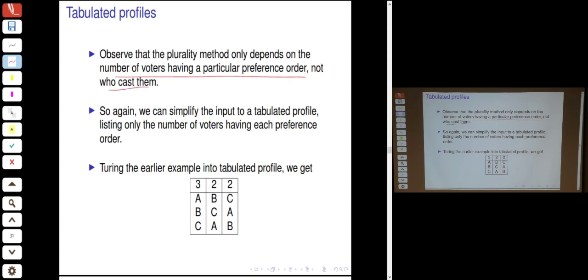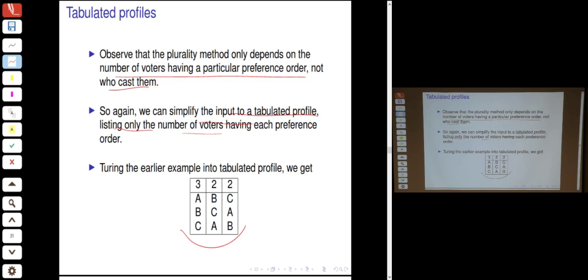So, again we can simplify the input to a tabulated profile, and instead of the detailed information about which voter chose which preference profile, we will just tabulate for each particular preference profile how many votes were cast in favor of it.